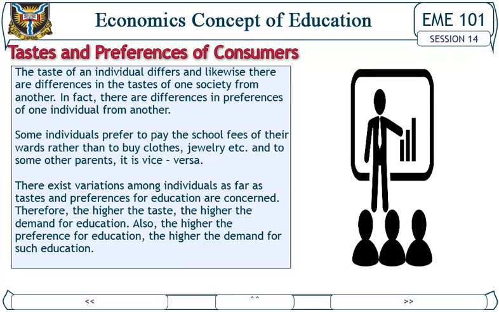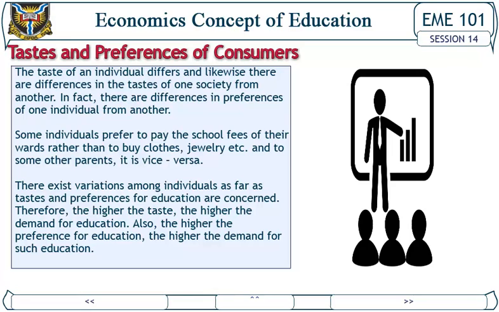Tastes and preferences of consumers. The taste of an individual differs, and likewise, there are differences in the taste of one society from another. In fact, there are differences in preferences of one individual from another. Some individuals prefer to pay the school fees of their wards rather than to buy clothes, jewelry, and so on, and to some other parents, it is vice versa.